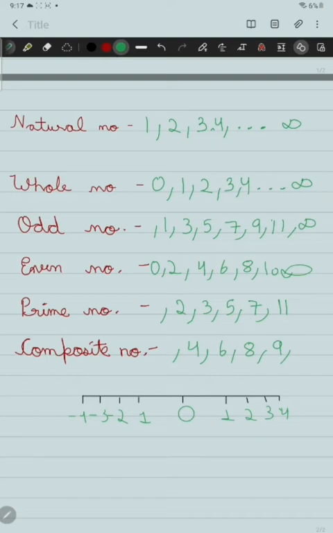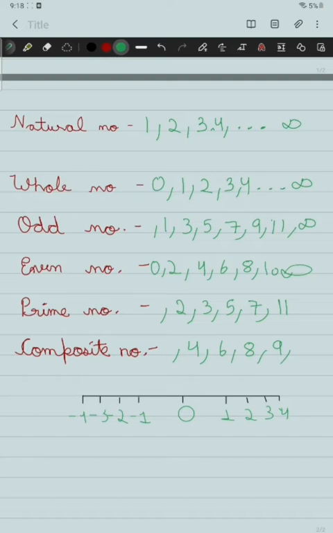Now the question arises, which is the smallest negative number? The smallest negative number is not -1, because the negative numbers go on infinitely. The more we move towards the left, the number decreases, and the more we move towards the right, the value of the numbers increases.